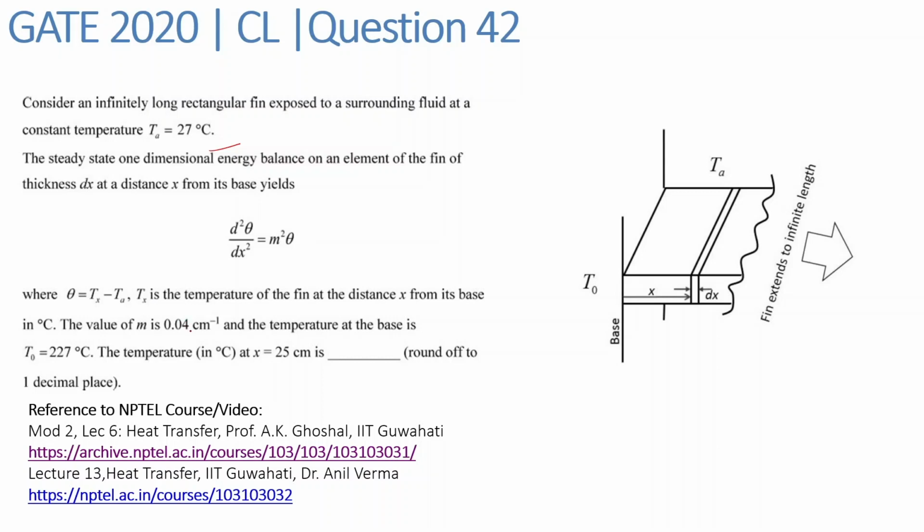The value of m is 0.04 centimeter inverse, and the temperature at the base is T0 equal to 227 degrees Celsius. The temperature in degrees Celsius at x equal to 25 centimeter is given as. So here we have been asked to find the temperature across fin when x is equal to 25 centimeter.